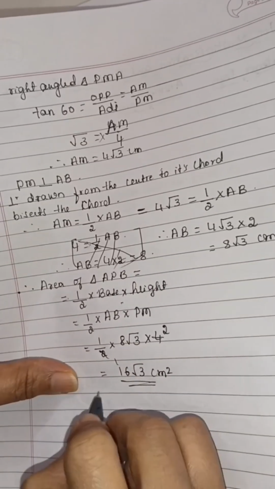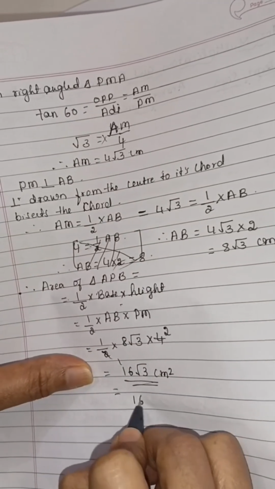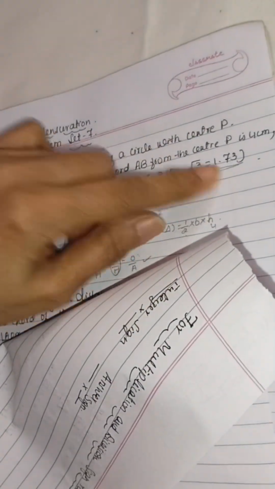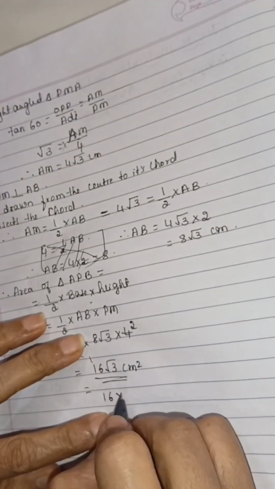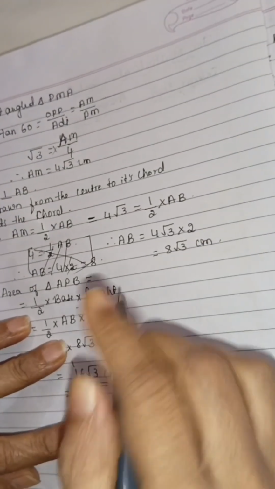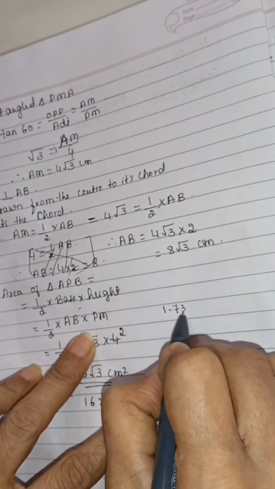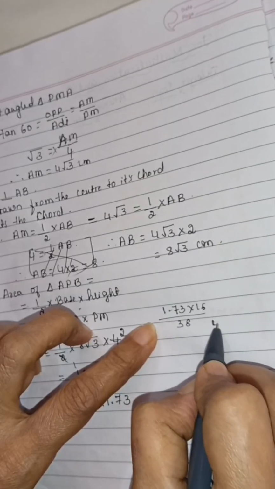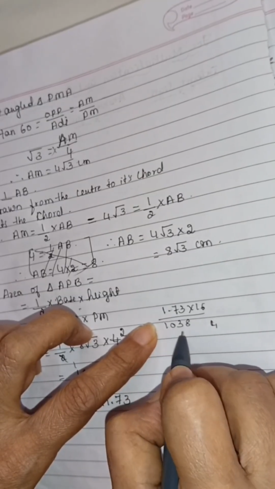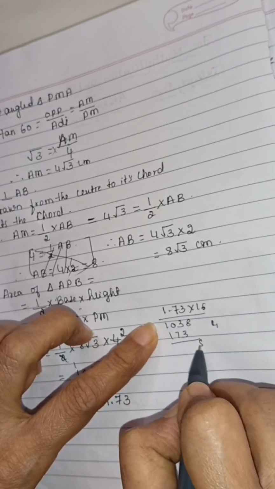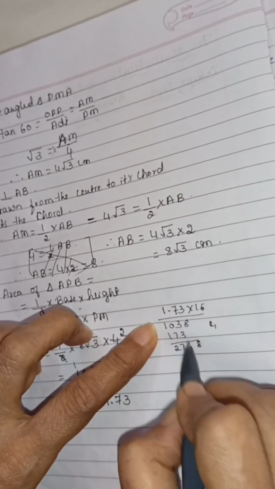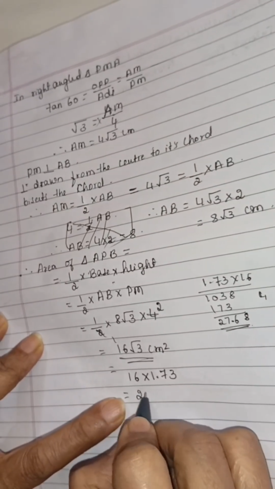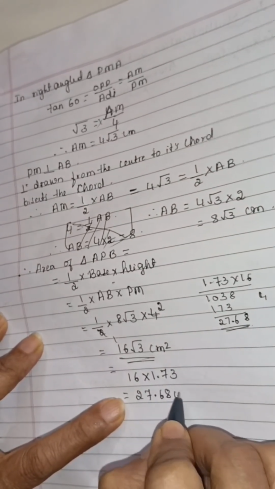Here we have to put the value also. This is 16 multiplied by root 3. Root 3 value that is given here is 1.73. 1.73 multiplied by 16 is 27.68 centimeter square.